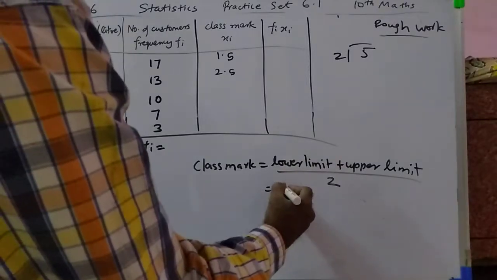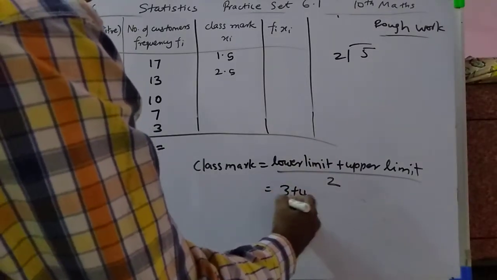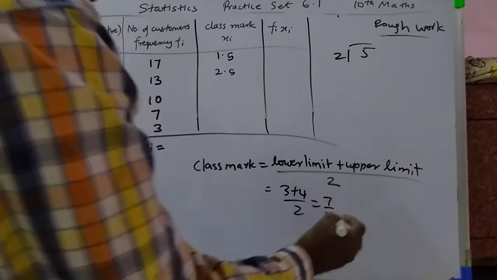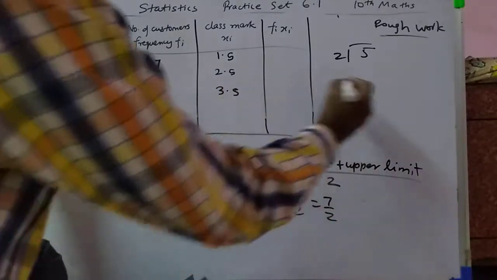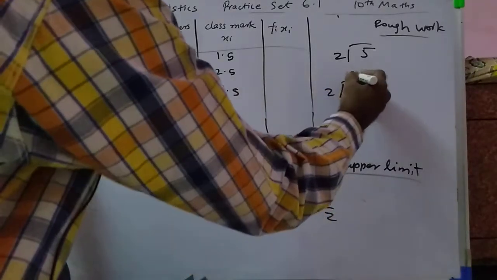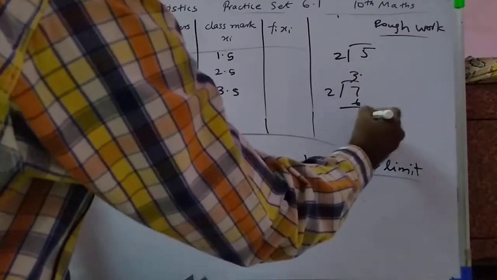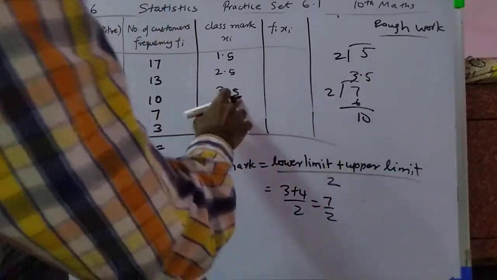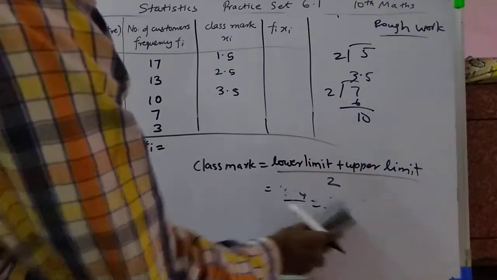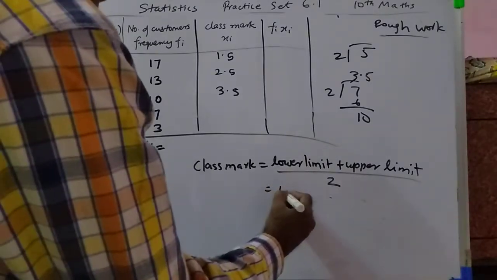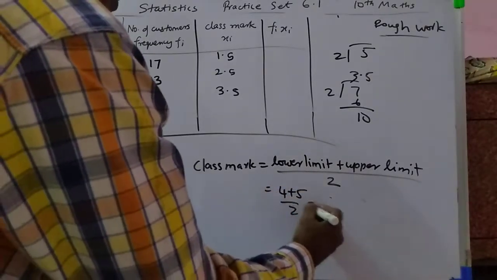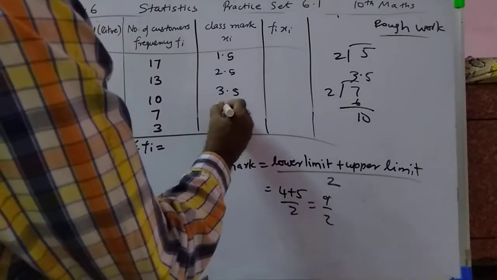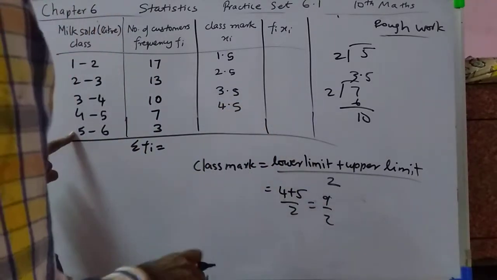Then 3 plus 4 divided by 2, 7 by 2, that is 3.5. Now here 4 plus 5 divided by 2, 9 by 2, that is 4.5.